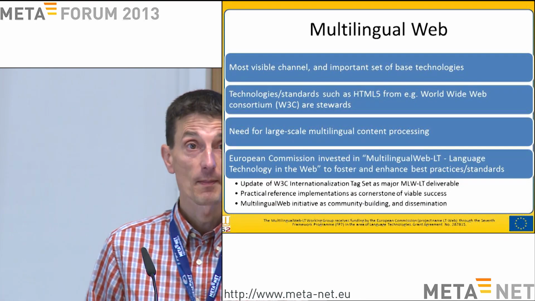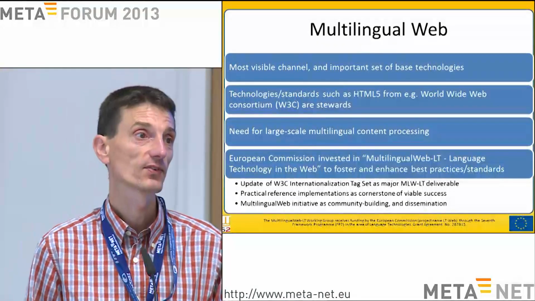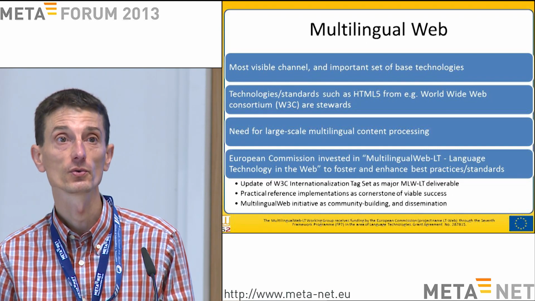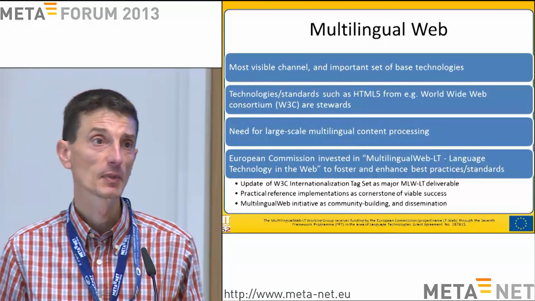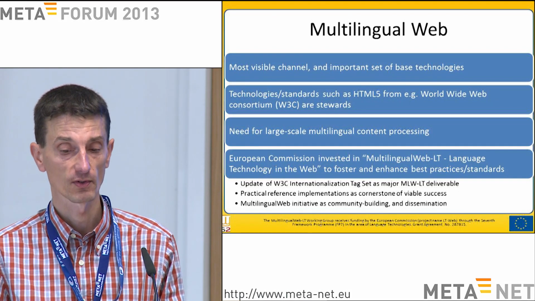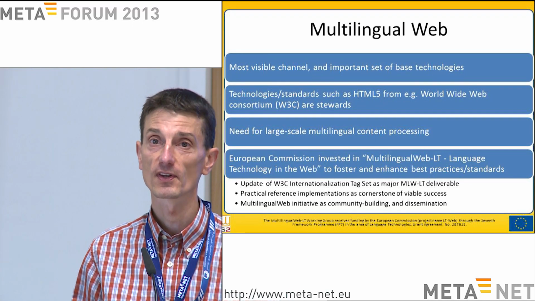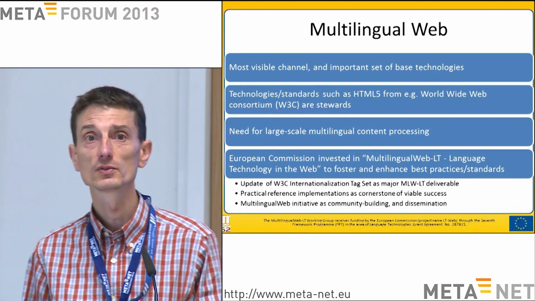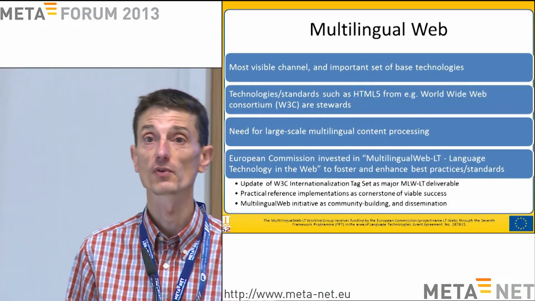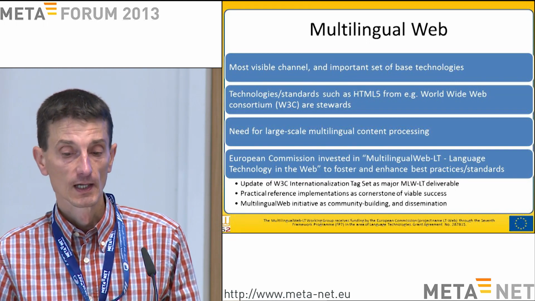The multilingual web is a special dimension here. So the web is today, I think, one of the most visible channels to distribute content. But it's also, at the same time, a set of base technologies, such as HTML5, CSS3, and the like, that you do not just find in core web pages, but also in derived things such as ebooks in certain formats.